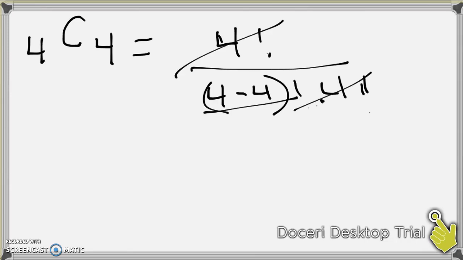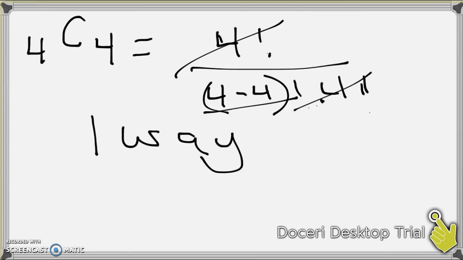These two cancel out. So there is one way to select 4 cards of one denomination, assuming it is selected first, okay? So there's one way, okay?